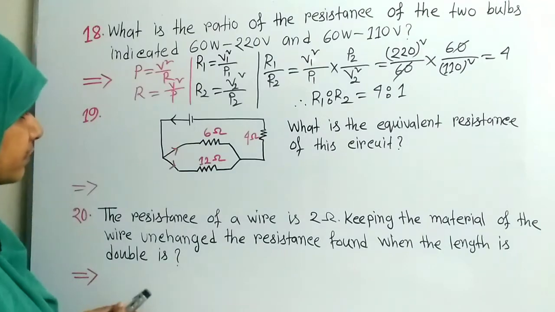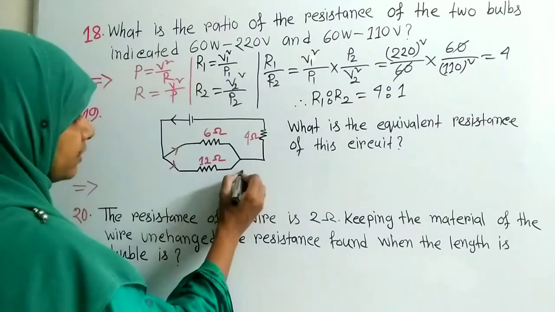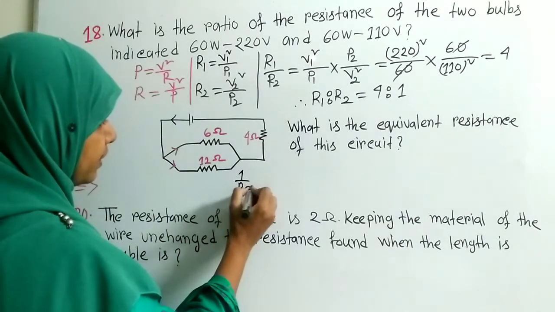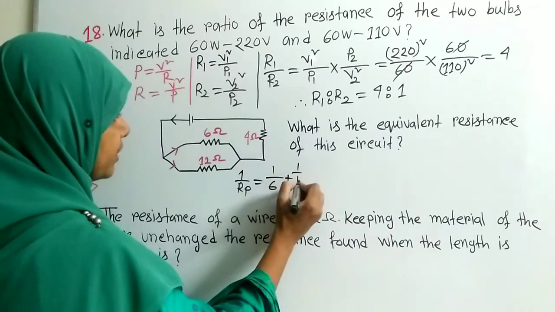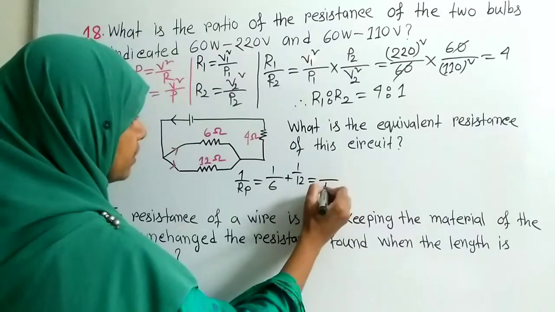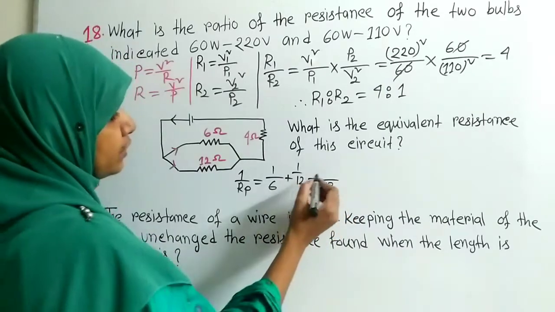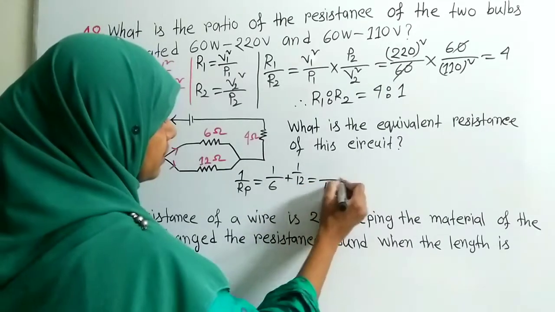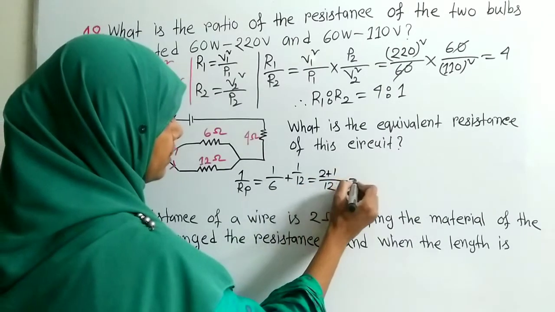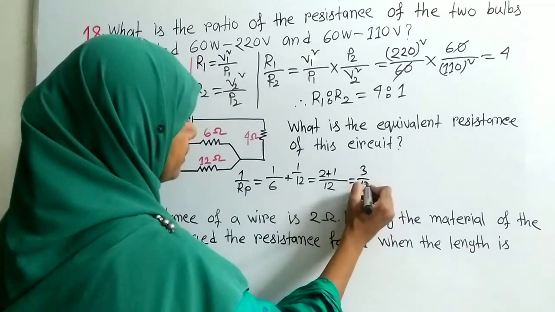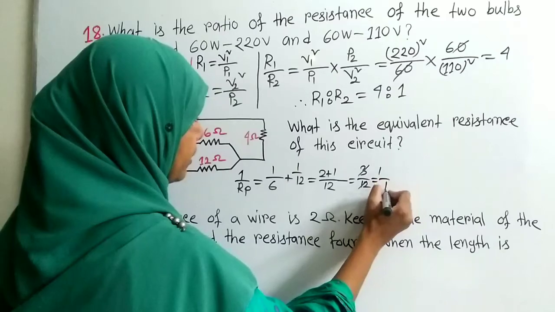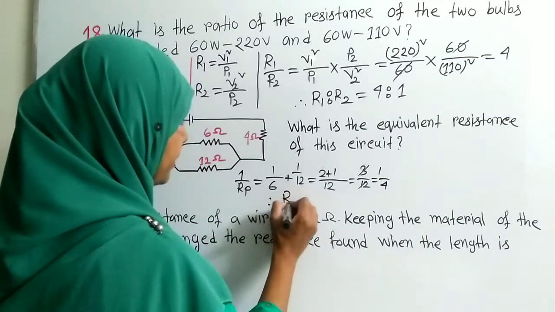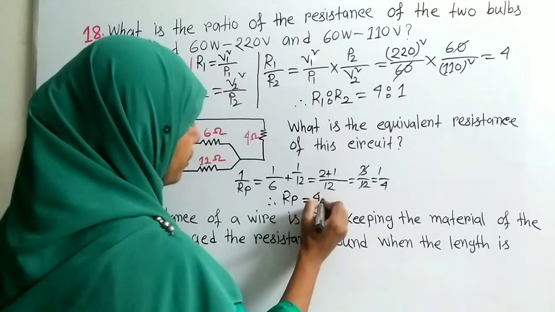So we can say that 1 by Rp is equal to 1 by 6 plus 1 by 12. So the value is 2 plus 1, or 3 by 12, that is 1 by 4, or the value of Rp is equal to 4 ohm.